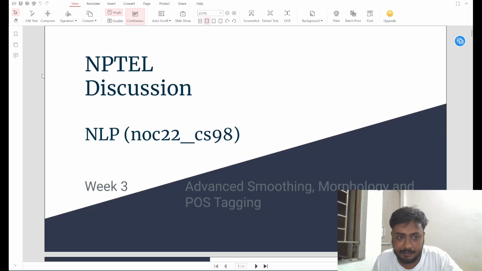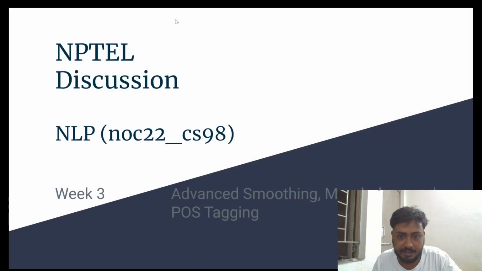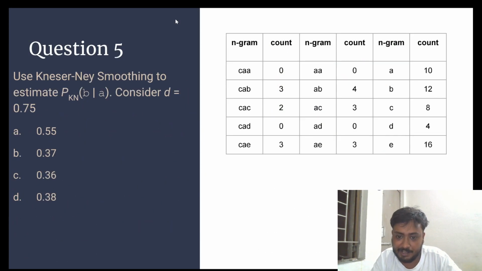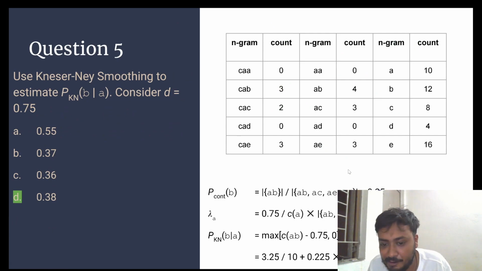So we again go here. Sorry for this inconvenience, but there are some other issues, that is why we have to do it like this. You have been told that D is 0.75. So this is 0.75 divided by count of Wi minus 1. What is Wi minus 1? That is A over here.